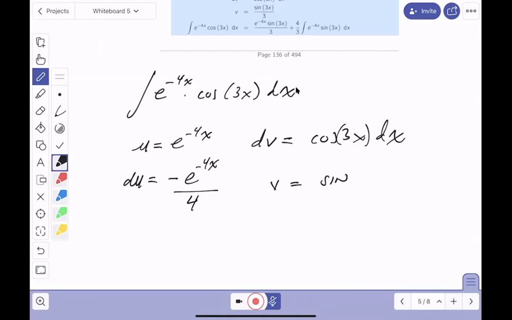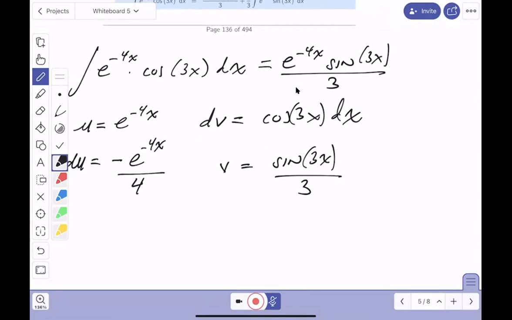Sine 3x over 3. All right, so let's put this down. A little pretty tough. So it's uv. That's going to be e to the minus 4x, and v is sine 3x over 3. Now minus and minus is going to be plus, right?